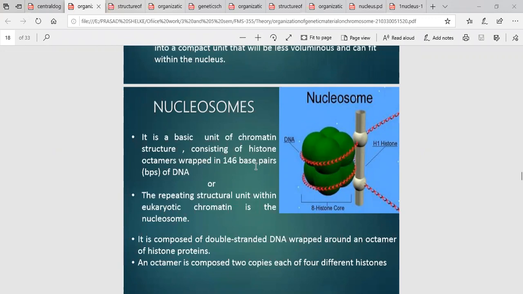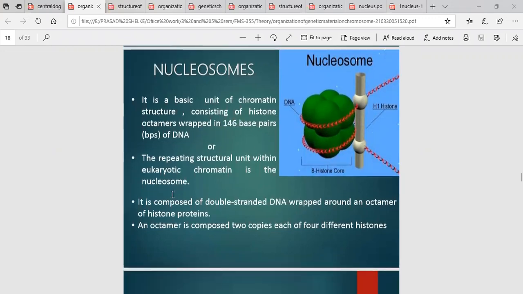Here, 146 base pairs of DNA are compounded around the histone protein. These repeating structural units are present. You can see here it is composed of double-stranded DNA wrapped around an octamer of histone proteins.